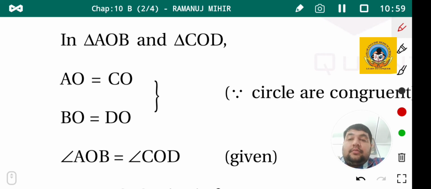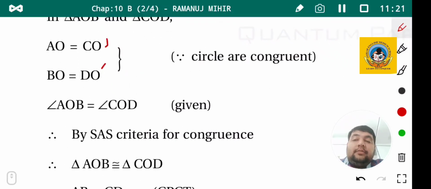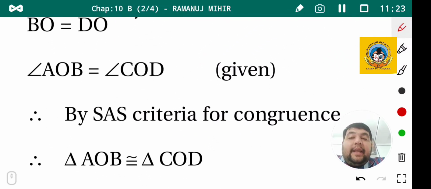The same things are AO equal to CO dash because it is a radius, BO equal to DO dash, and angle AOB is equal to angle COD because the angle subtended to the center by the chords are equal. It is given. So now by using SAS criteria for congruence.